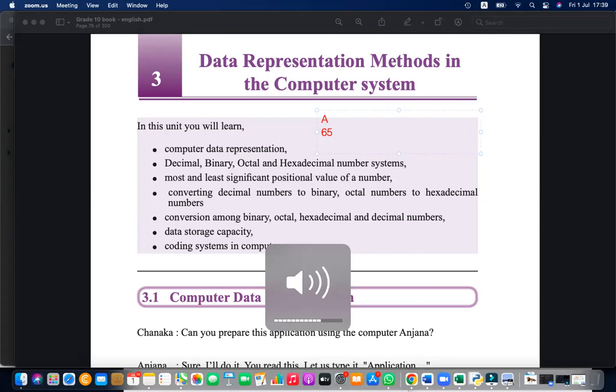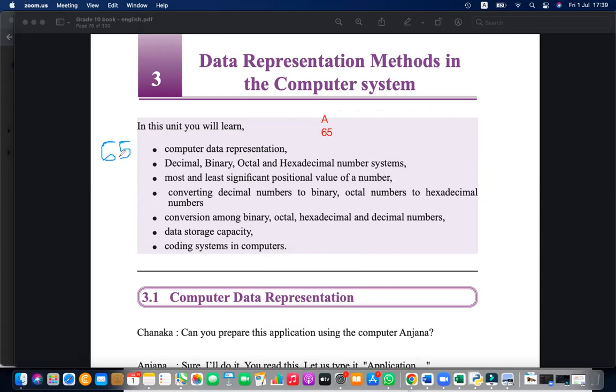Can you convert that to binary? 65 in decimal. When you convert to binary, what will happen? You know the method, but I want to remind this again. 65, how do we convert? What is the methodology? Aniti? We have to divide by 2 and write the remainder.